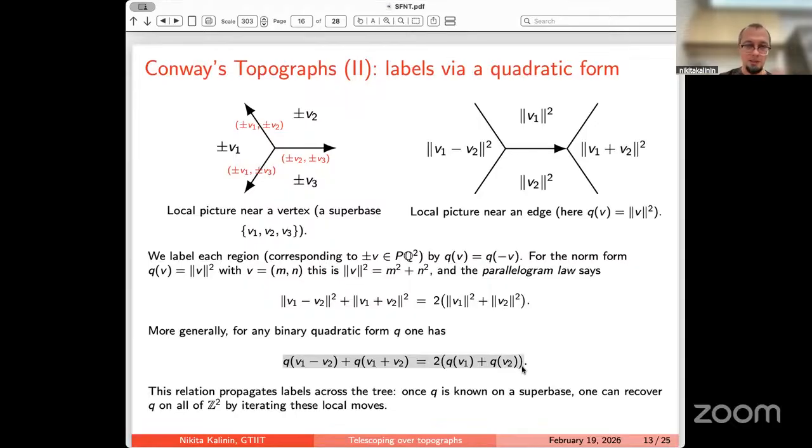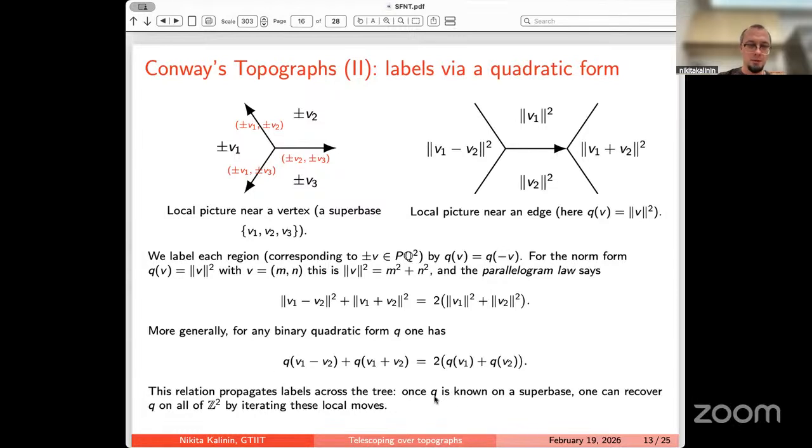Okay, so since we have this identity near every edge of my topograph, it means that I can just define the values on the neighborhood of one vertex, and then I can extend the labels on regions using this rule. So if I know these three, I know this one, then I know this one, and so on. So I know everything. That's what I say here.